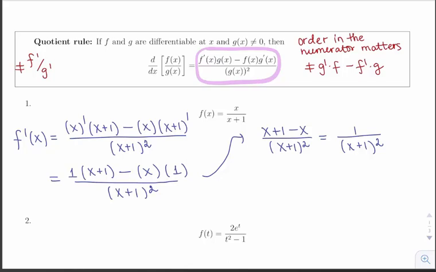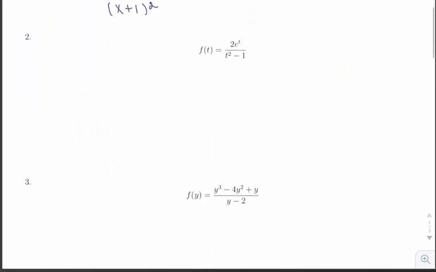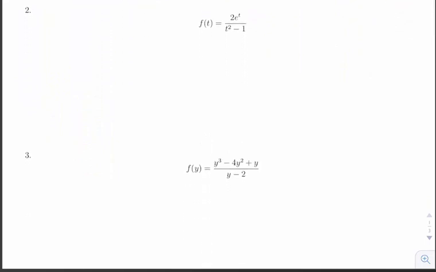Okay, let's go ahead and take a look at an example that's a little bit more involved. What do we have here? All right, f of t is a quotient, 2e to the t divided by t squared minus 1. Okay, let's see.